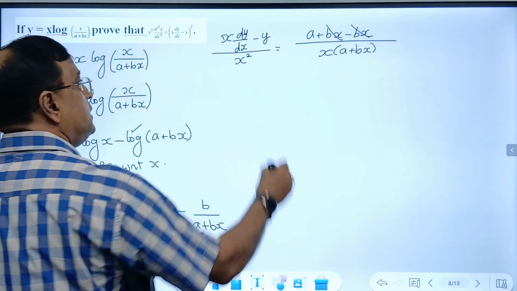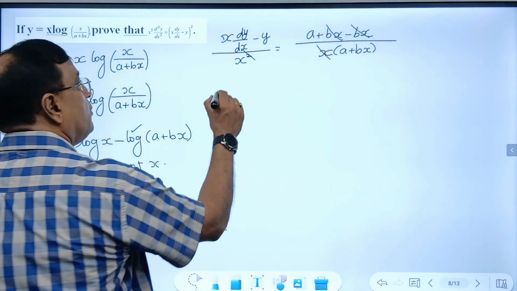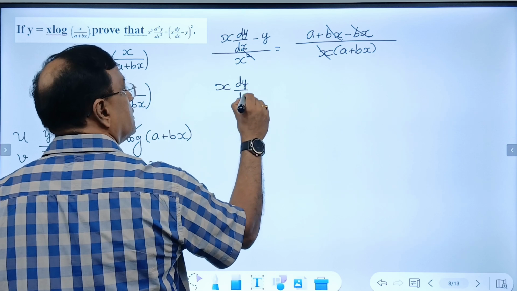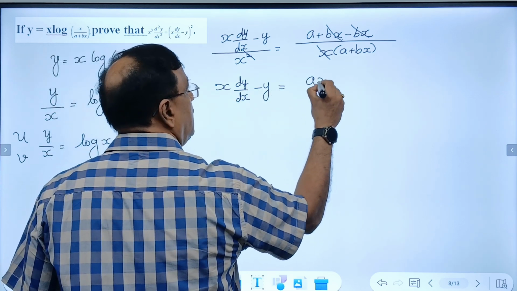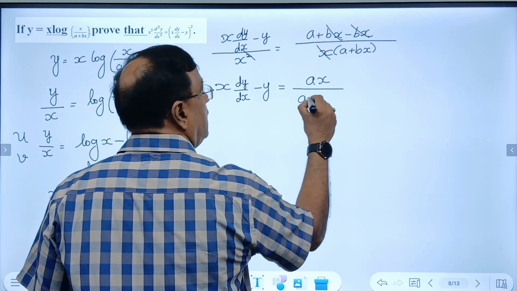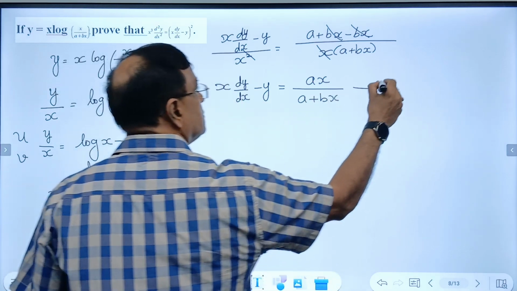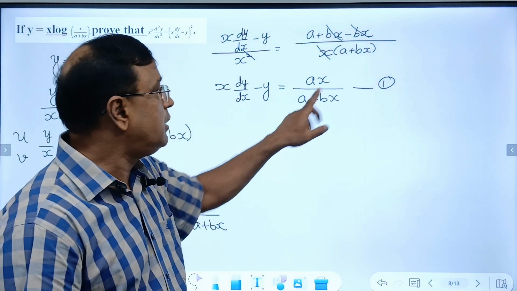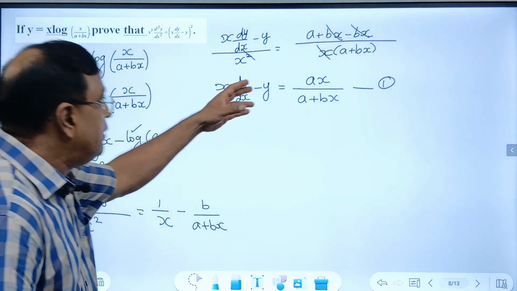Now clearly you can see x and x get cancelled. So you're left with x into dy by dx minus y equal to ax by (a plus bx). How did I get ax? I got ax because I cross multiplied this x. And I call this equation 1, because I will be using it.